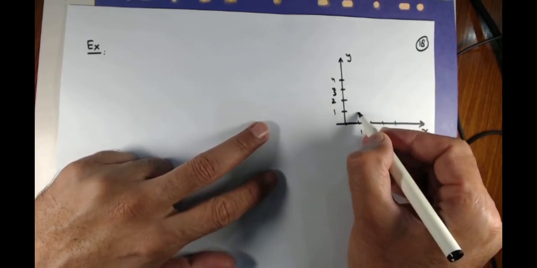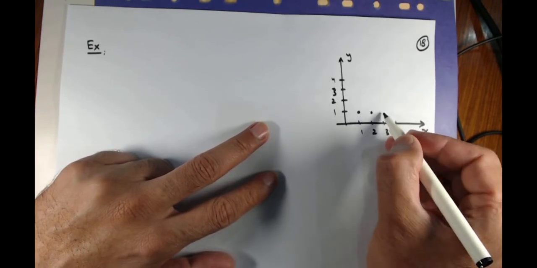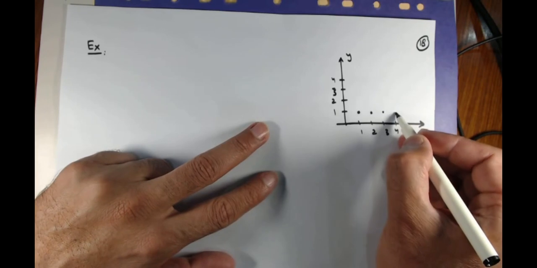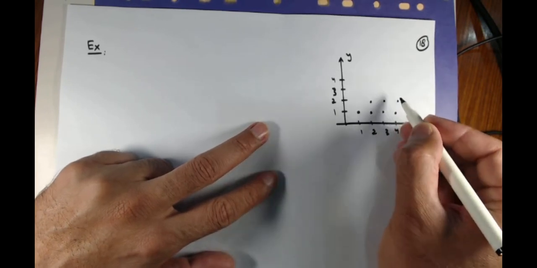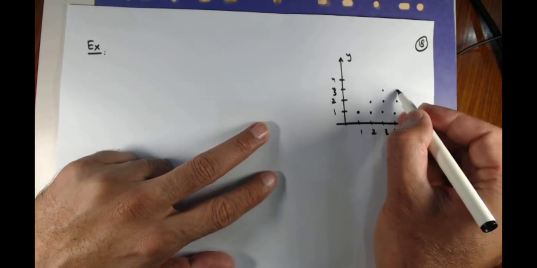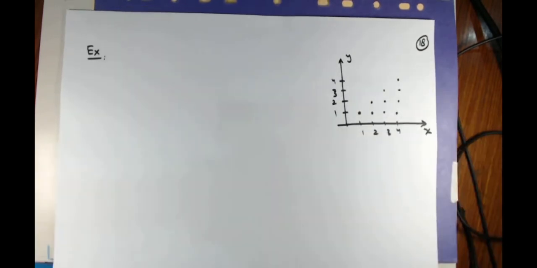And then we have these 4 points, these 3 points, these 2 points, and then this particular point, each with certain probabilities.